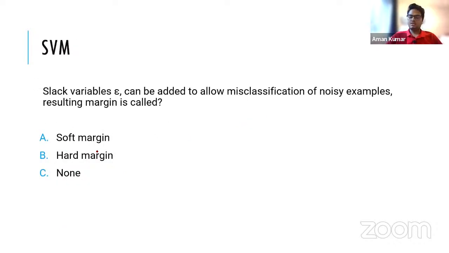Slack variables can be added to allow misclassification of noisy examples. If you allow misclassification of noisy examples, then what kind of margin are you working with in SVM? Are you working with hard margin or soft margin?